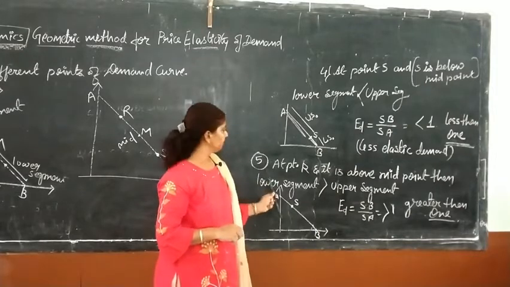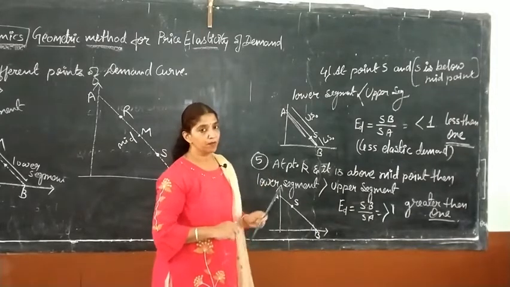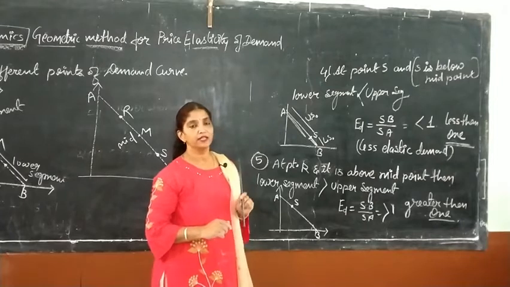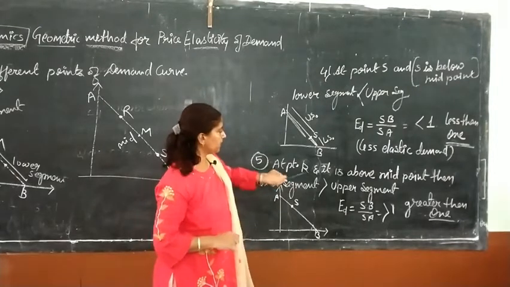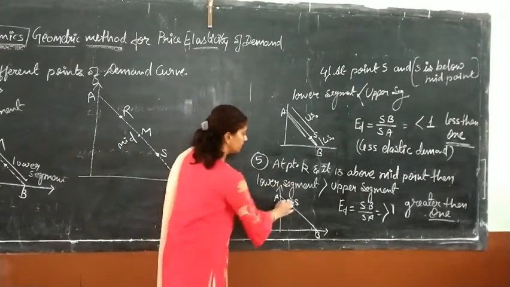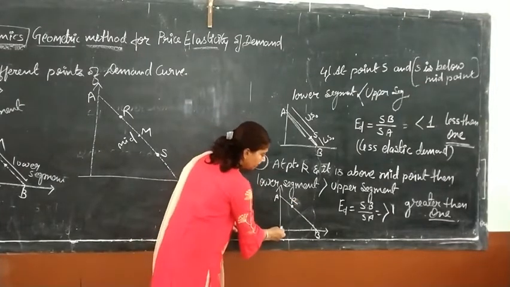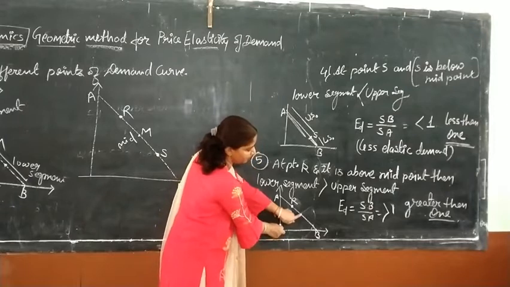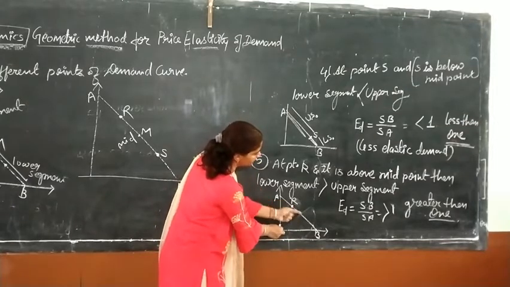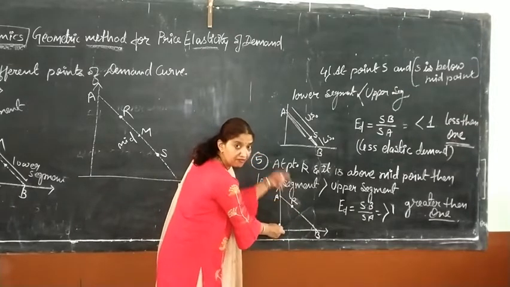Next condition, if we are supposed to calculate the elasticity of demand at point R, and I assume that this point R is situated above the midpoint. Assume that here is the midpoint and this point R is situated above this area, after the midpoint.